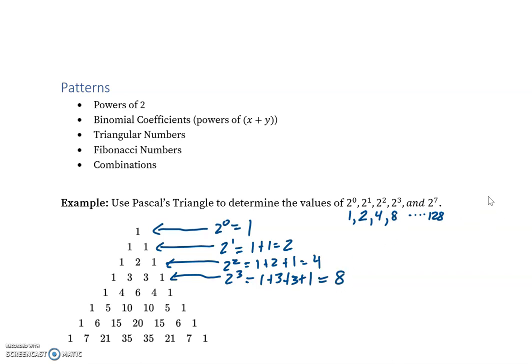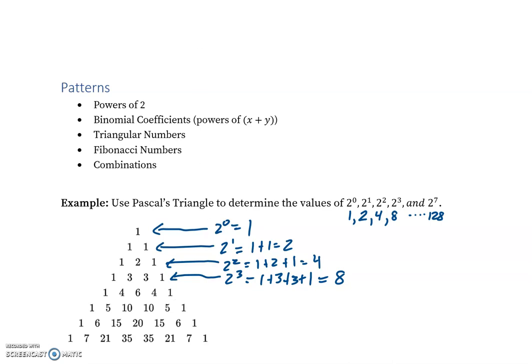So some of these other powers, though, like 2 to the 7th, most of you probably wouldn't know that offhand. 2 squared, okay, sure, no big deal. But 2 to the 7th, that's going to be a little bit wild. So we want to take a look and say, where would I need to go in this thing to find 2 to the 7th? I don't want to have to keep counting down. Okay, here's 2 to the 4th, 5th, 6th, 7th.